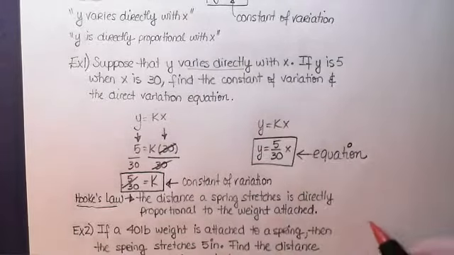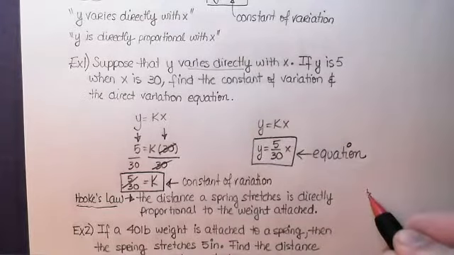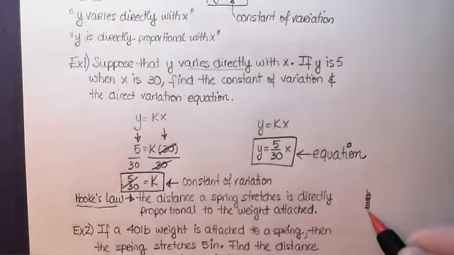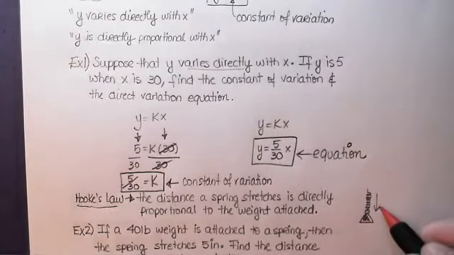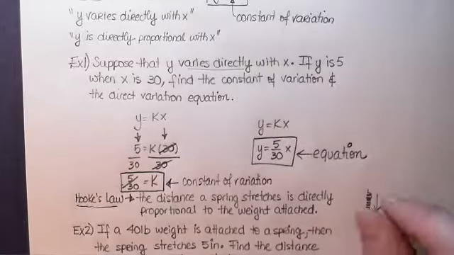So let's say I have a spring, something that looks like this, and is attached to a weight. So let's say there's a little weight right there, and that means when the weight is attached, the spring is going to stretch.